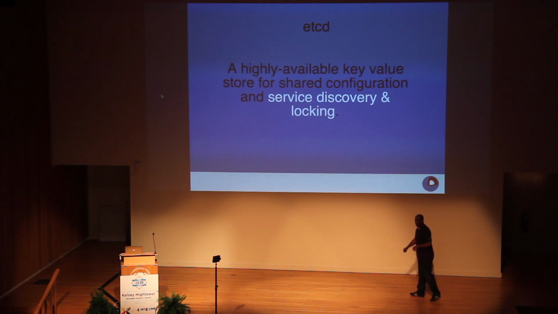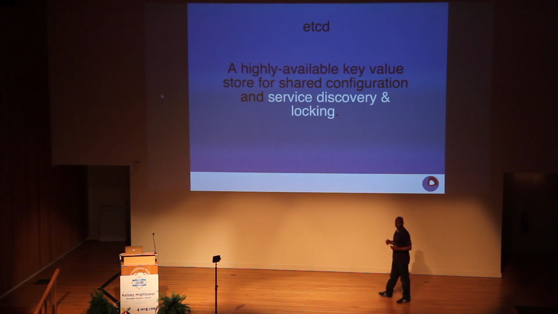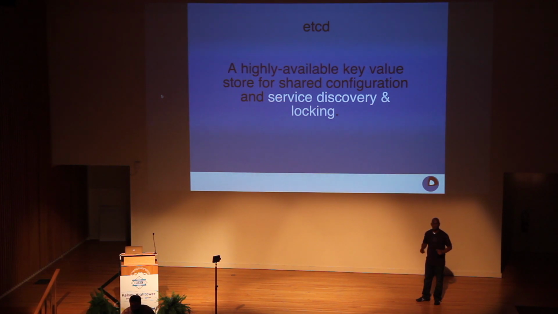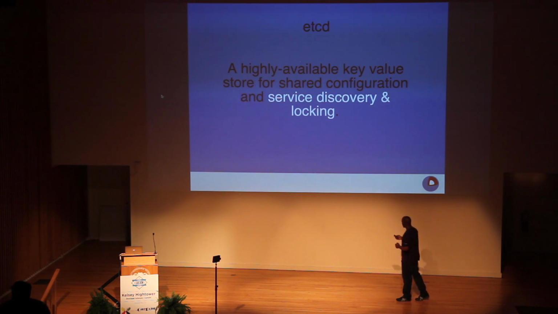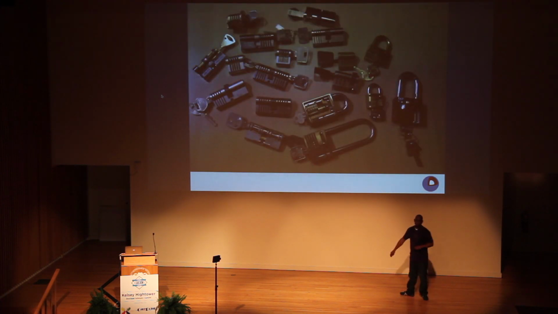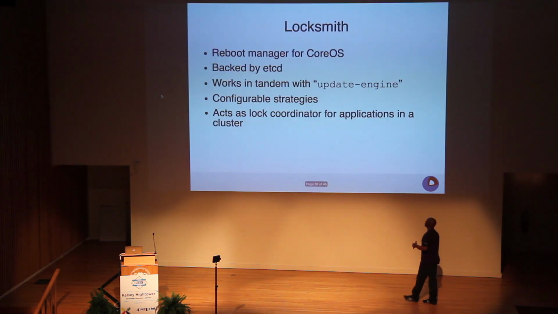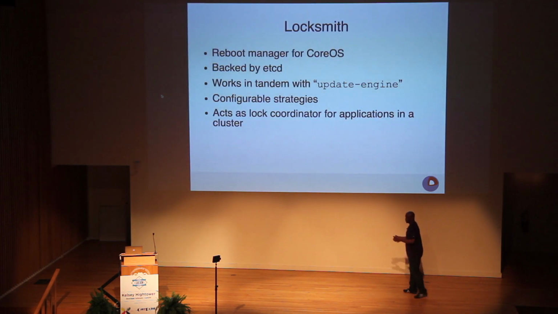And locking. Now that we have all of these servers that can update themselves and communicate, one thing that could be tragic is if we have 1,000 servers and they just start rebooting themselves at the same time. That can cause a full system outage. So one use case that we do with etcd is a tool called Locksmith. Locksmith is the reboot manager for CoreOS, right?